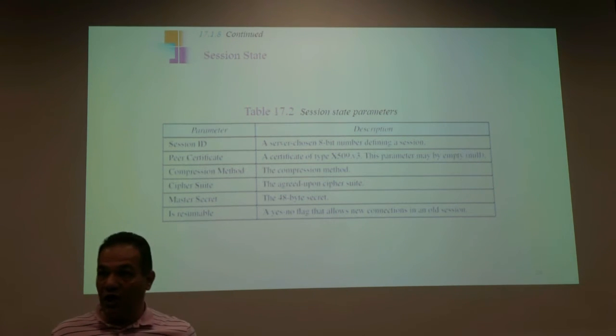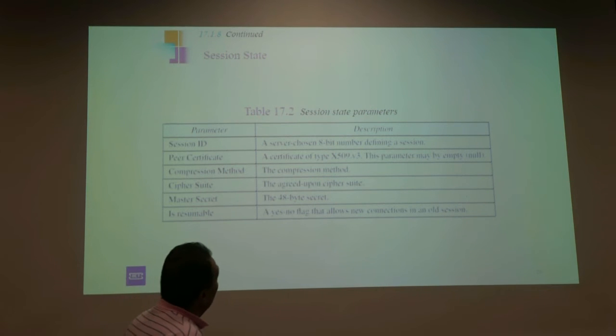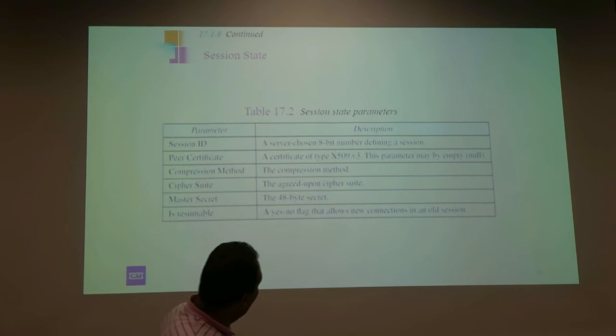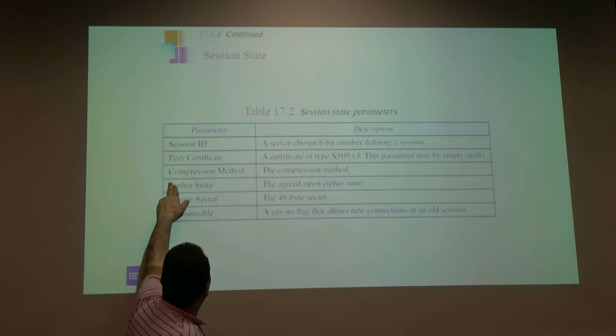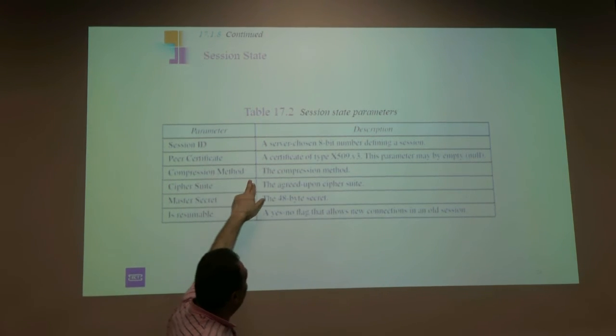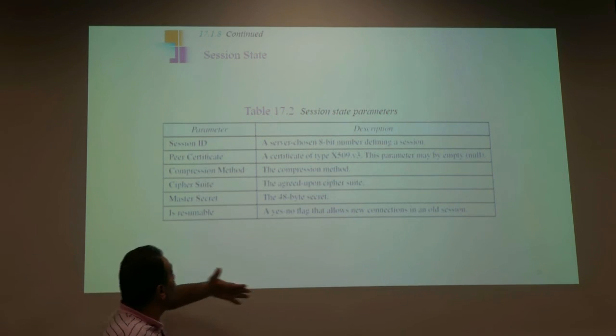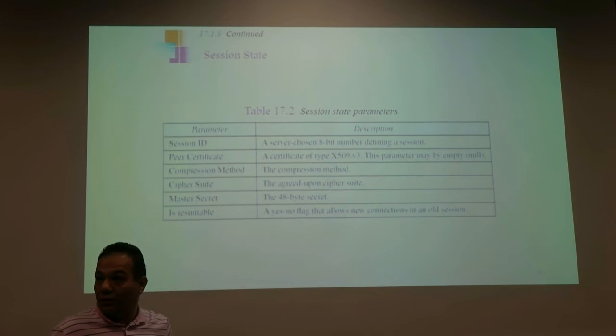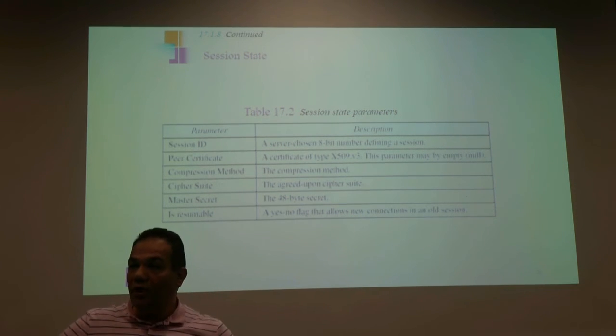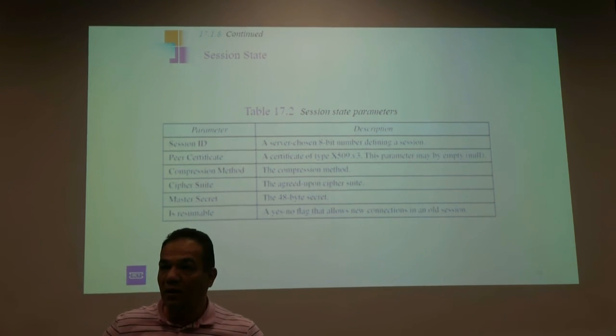That's what we use for certifications. This parameter may be empty. Then we have the compression method; they have to agree on the compression method. And then the cipher suite, they have to agree on the cipher suite, right? There are so many options for encryption and HMAC, so they have to agree.